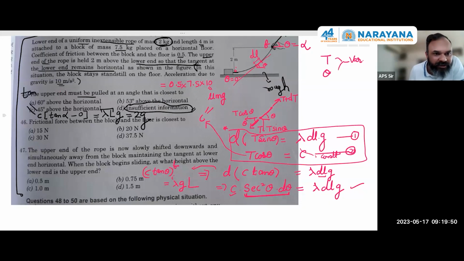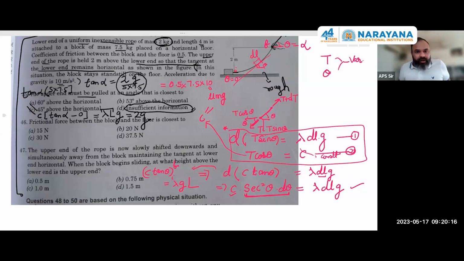So keep tan alpha as such. And C was this value, 5 into 7.5. So you understand, if you need the value of alpha, tan alpha is coming out now. It is coming out as 2G upon 5 into 7.5. And that will yield me the value of alpha. So calculate this first, then we will move forward. Alpha comes out as such.